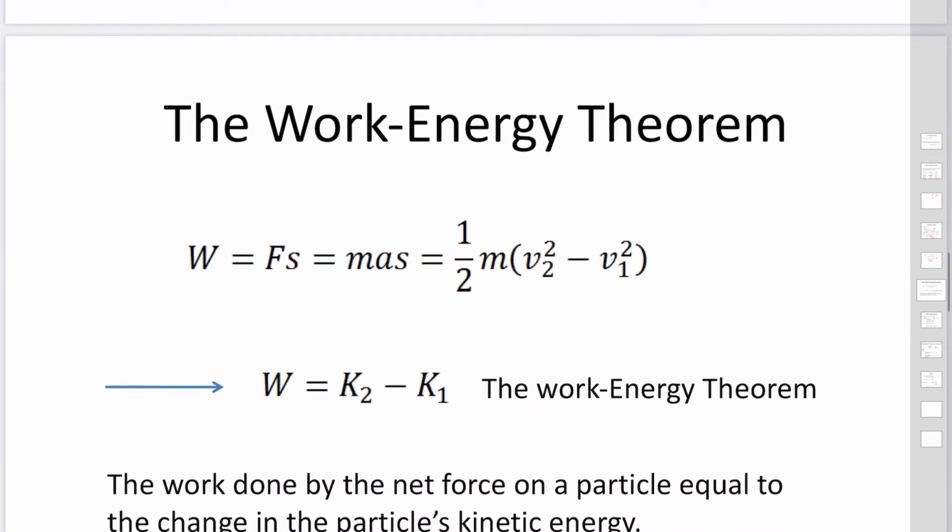This is what we call the work-energy theorem. Work is equal to the change of this quantity. If we choose K as the kinetic energy, 1 over 2 mv squared, then work is equal to the difference of the kinetic energy, K sub 2 minus K sub 1. The work done by the net force on a particle is equal to the change in the particle's kinetic energy. This is the work-energy theorem.